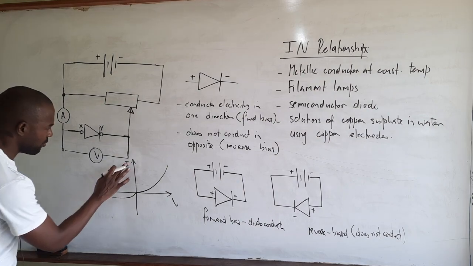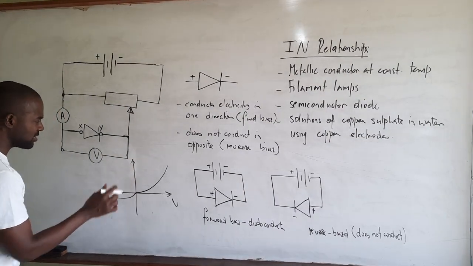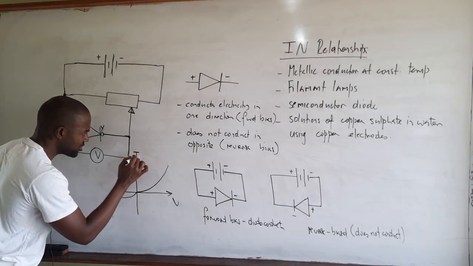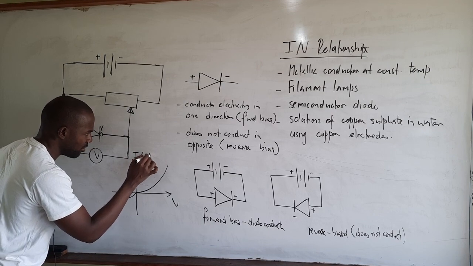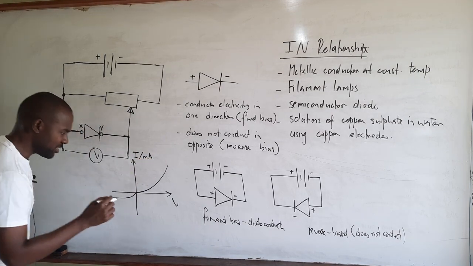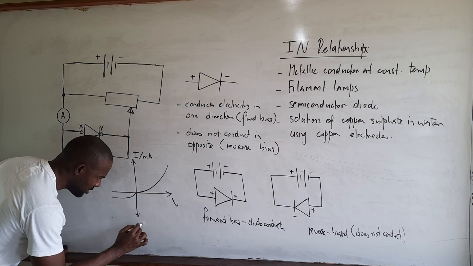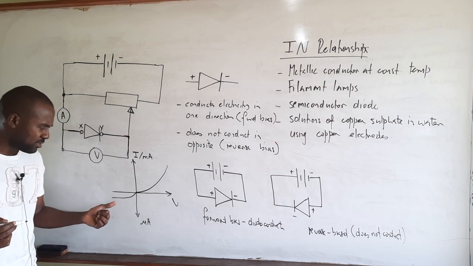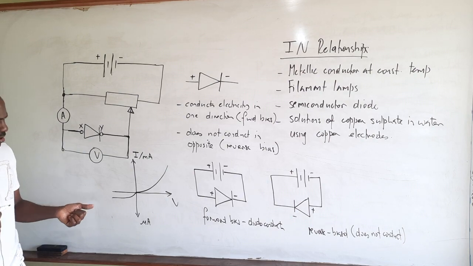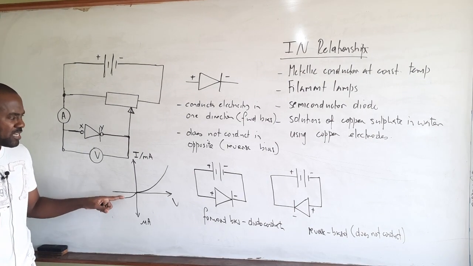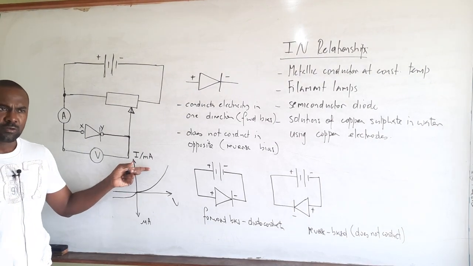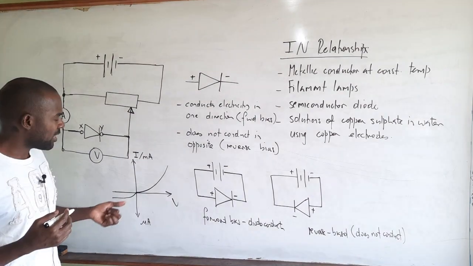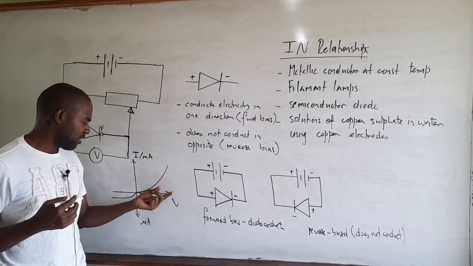And what we need to also understand is that in some cases, in the forward direction, the current is of the order of milliamperes, but in the reverse direction, this will be of the order of microamperes. So it goes to show how much smaller the reverse current is compared to the forward current, right? So this is essentially the typical IV characteristic of the diode.